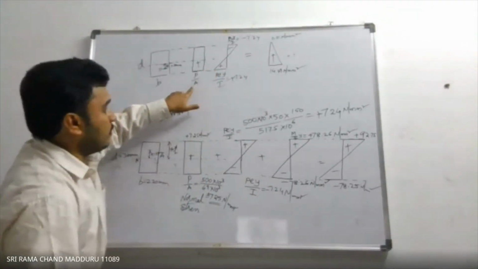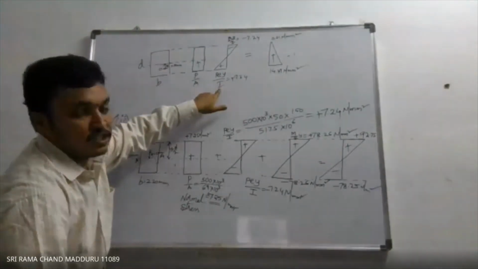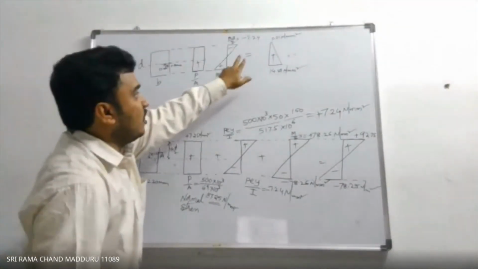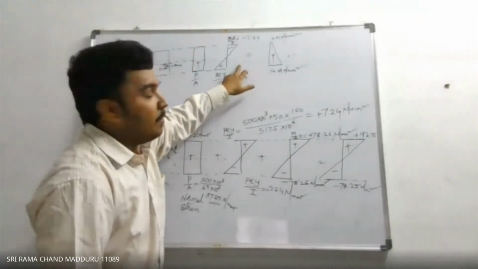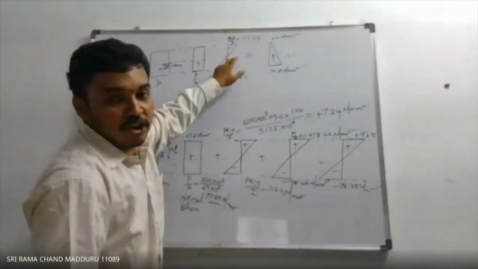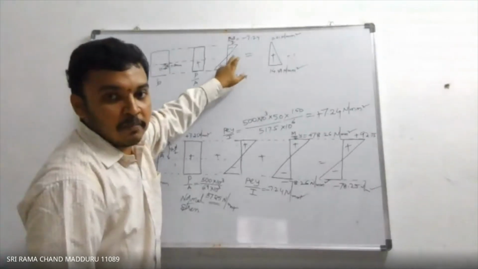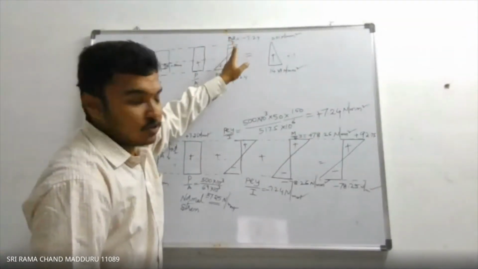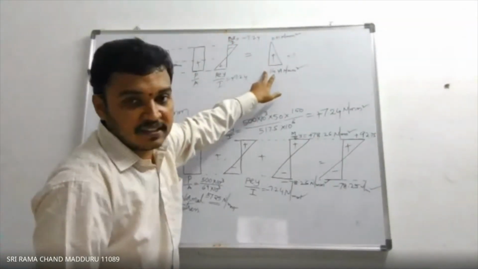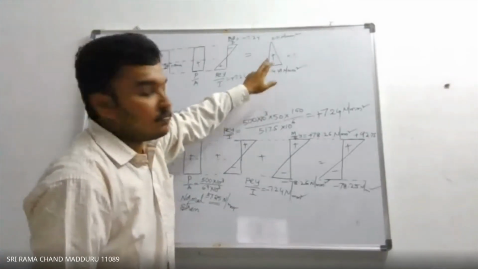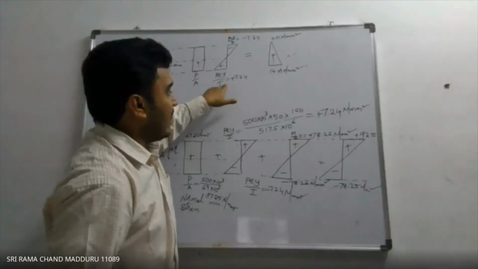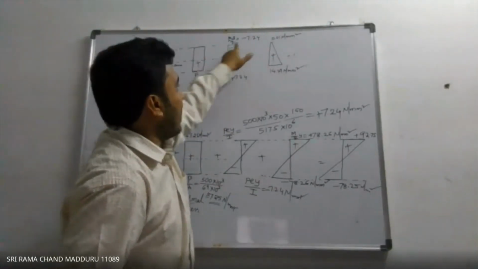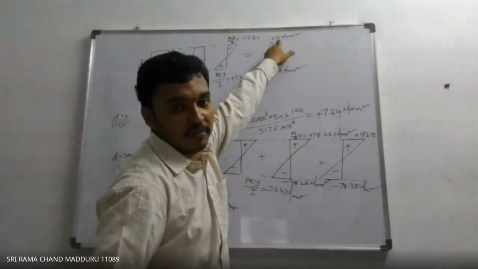Here only normal stress is there, bending stress due to pre-stressing is there, but you will not get bending stress due to loading, because as you are calculating at the supports, support moment is equal to 0. So you will get only resultant stress corresponding to P by A plus P into e into y by I for bottom, P by A minus P into e into y by I at top fiber.